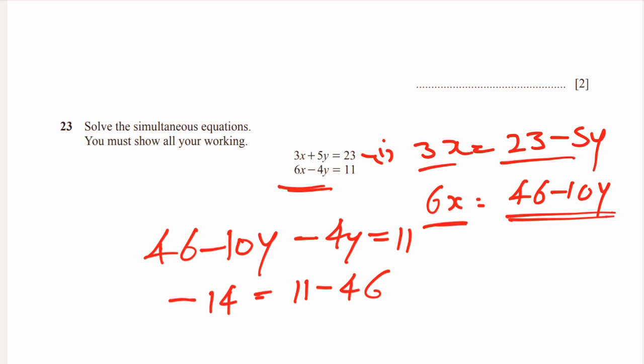So this is basically minus 36. Wait, did I make a mistake? 23, 46, 10y. 46 minus 10y minus, already mentioned.